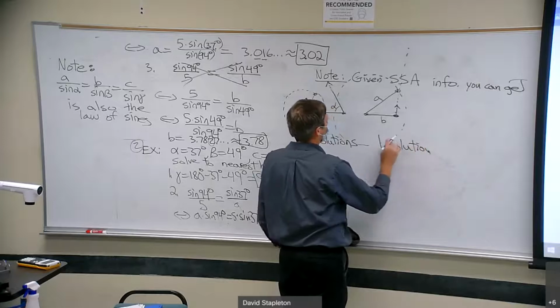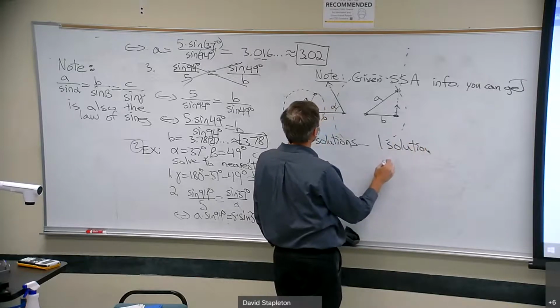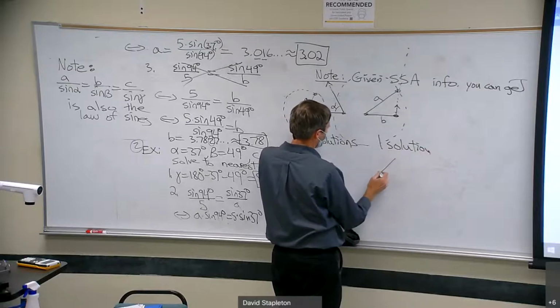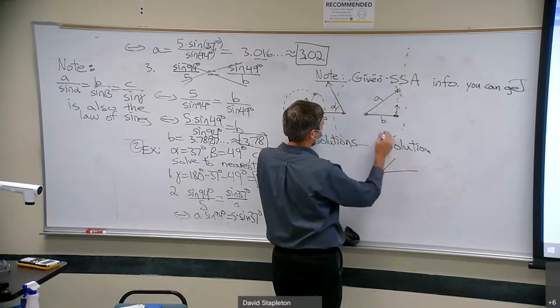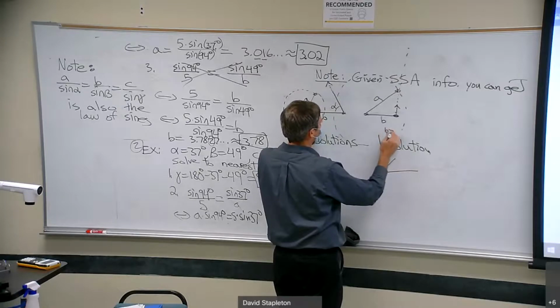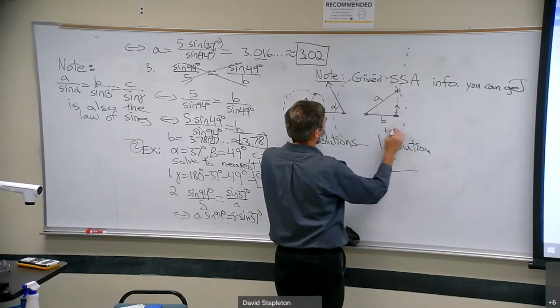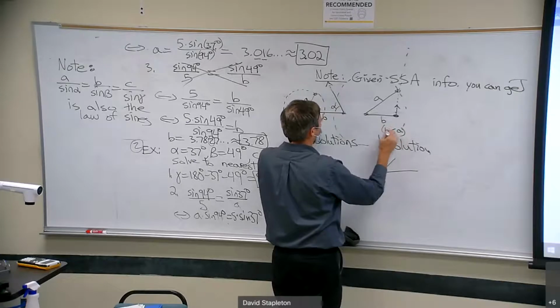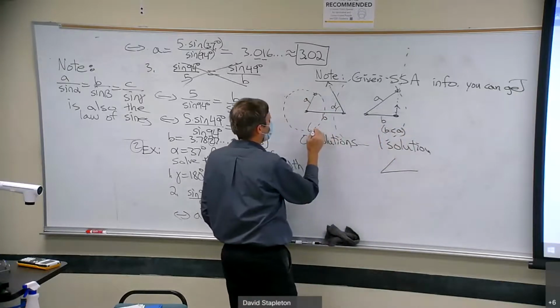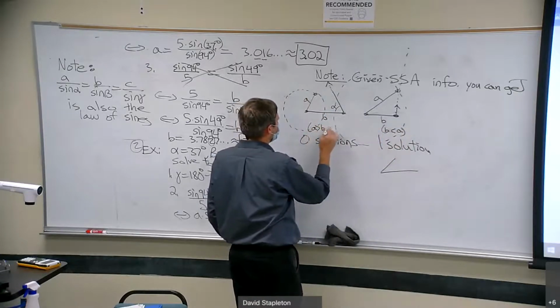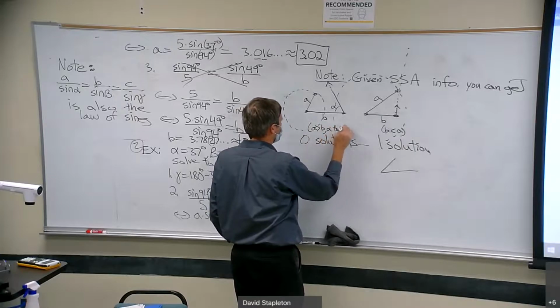And there's actually another case of one solution also. If you have this triangle with a shorter side and this one longer, so this is with B less than A, you get one solution all the time. This one is with A greater than B and alpha too large.